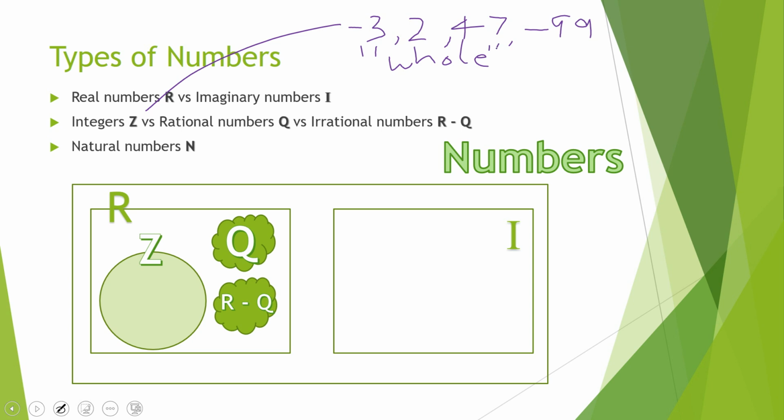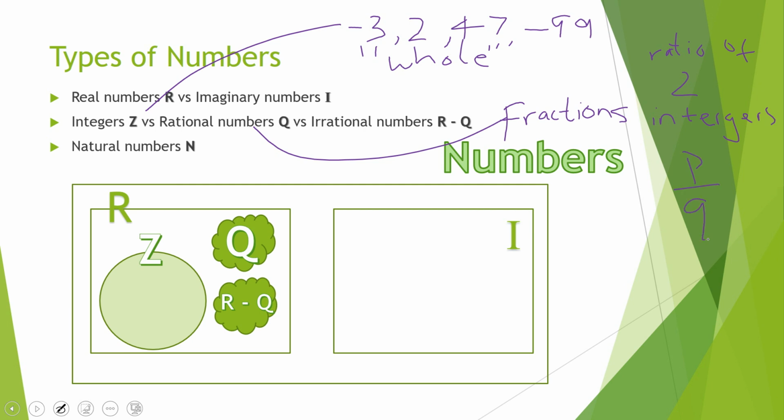Then looking at rational numbers, I like to think of them as fractions. But there exists a formal definition, which is that it's the ratio of two integers in the form p divided by q.